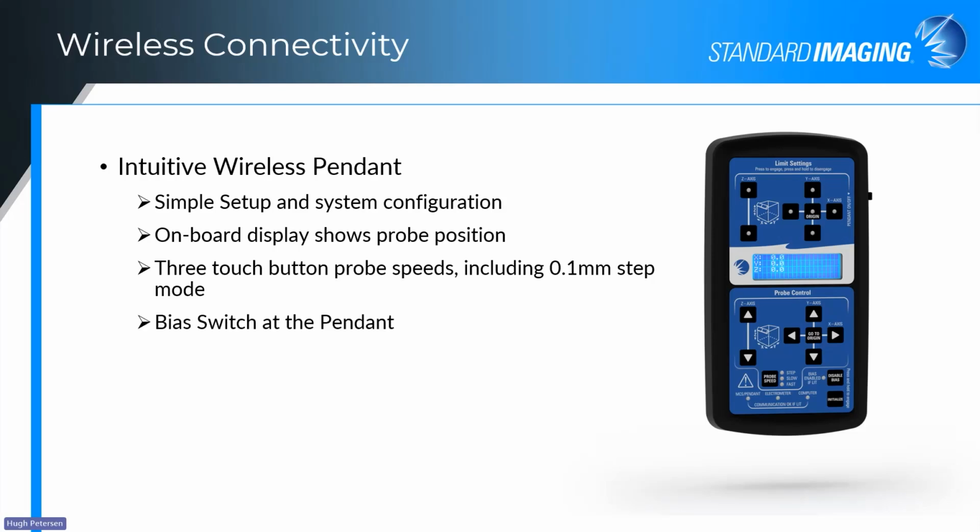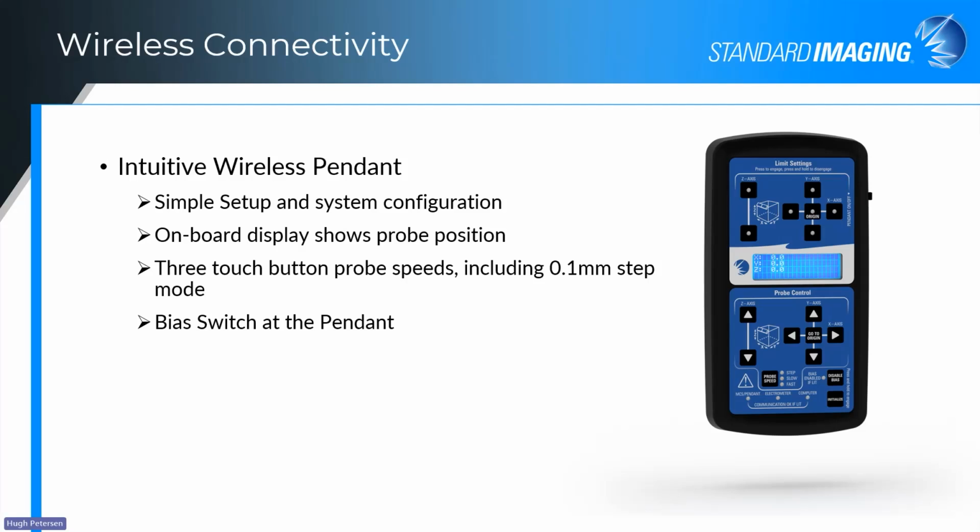And then a nice convenient feature is that we have a bias switch right on the pendant. A lot of times you're in and out of the bunker, and you might go to the console, get everything set, turn on the bias, and then you realize you have to adjust your reference probe or something like that. You go into the bunker, and then you realize you forgot to turn the bias off on the chambers.